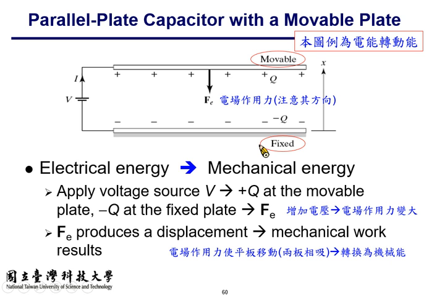Note that the bottom plate is fixed, while the top plate can be moved up and down. So if you apply a voltage source, you have positive Q on the top and minus Q on the bottom, and you produce electrical force, Fe, which, without the presence of external forces, will move the top plate down to the bottom.